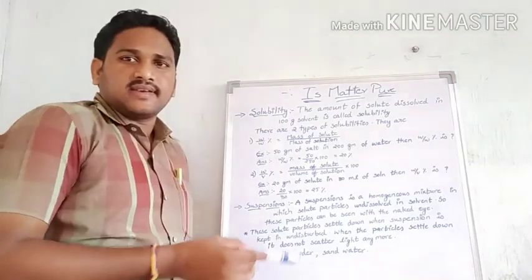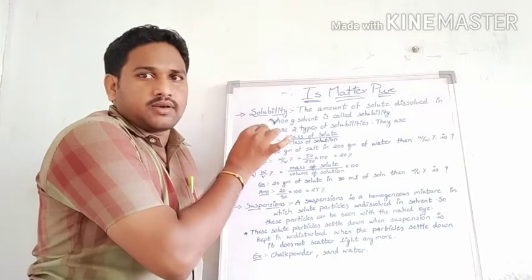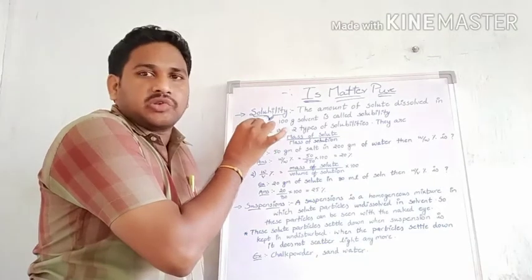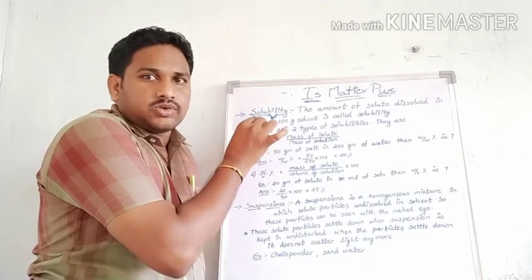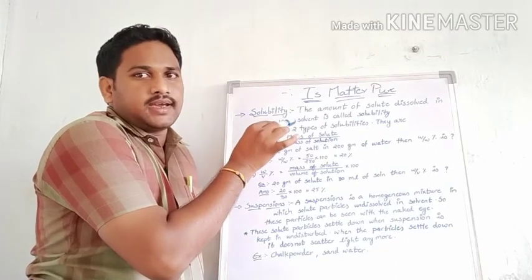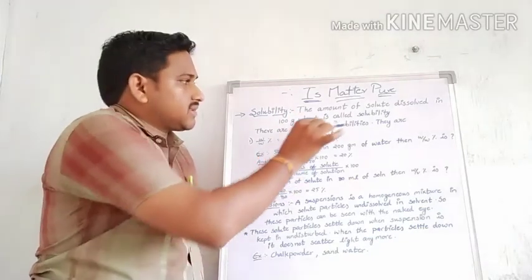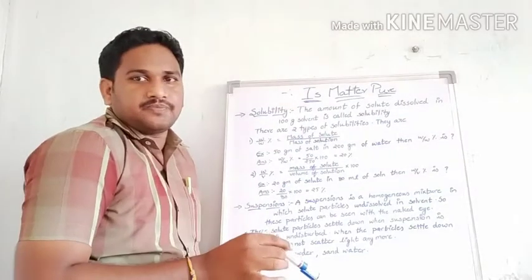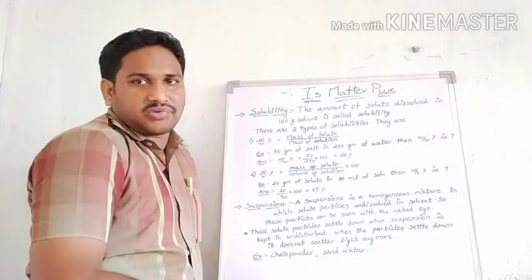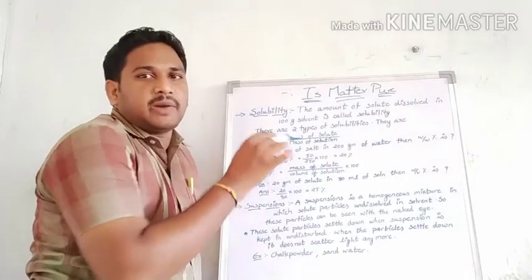Okay, students, next one is the term solubility. Solubility is one of the important terms. The meaning of solubility is the amount of solute completely dissolved in 100 grams of solvent. There are two types of solubility terms. One is weight by weight percentage.